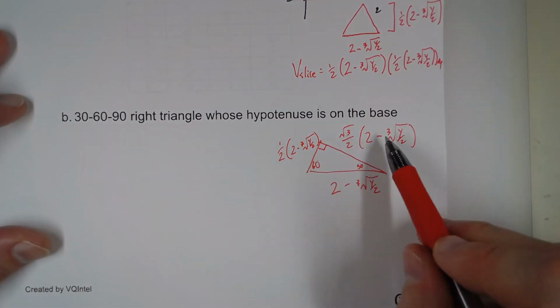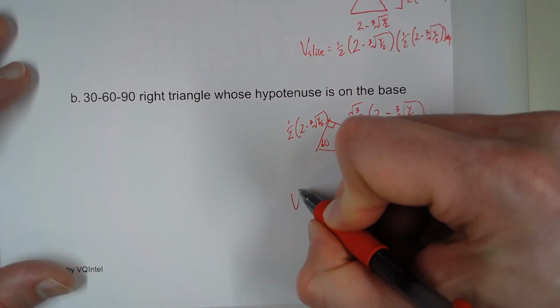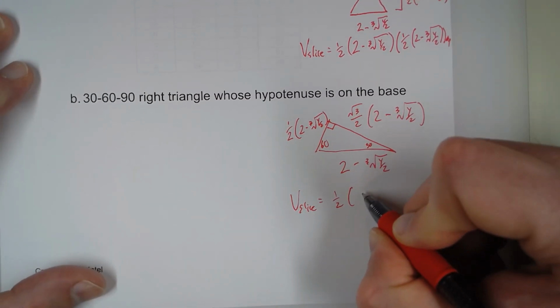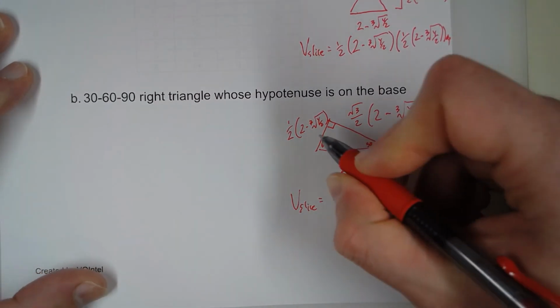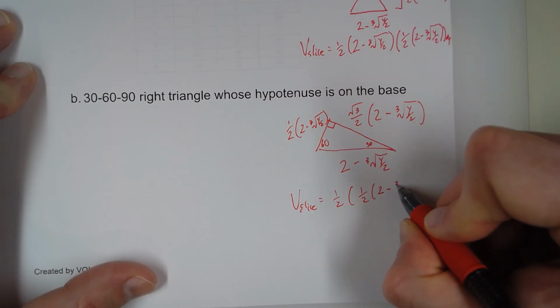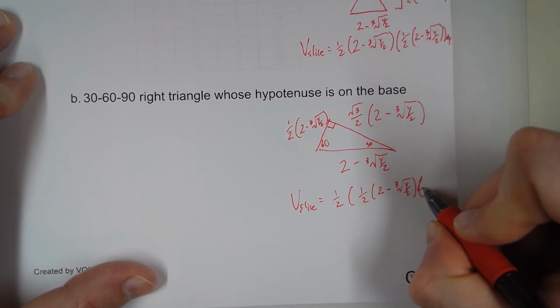So again, when we have a right triangle, treat the two legs as the two sides. So the volume of the slice is 1/2 the base. So I'm going to treat that as the base. 1/2 times 2 minus the cube root of y over 2 times the height.